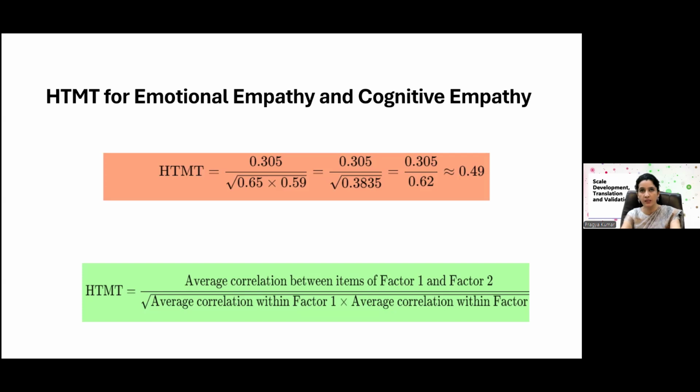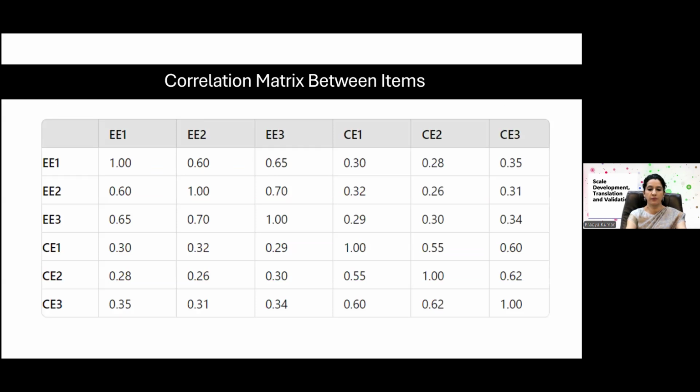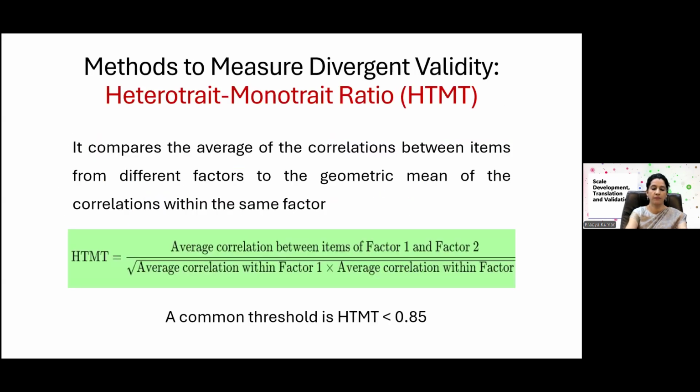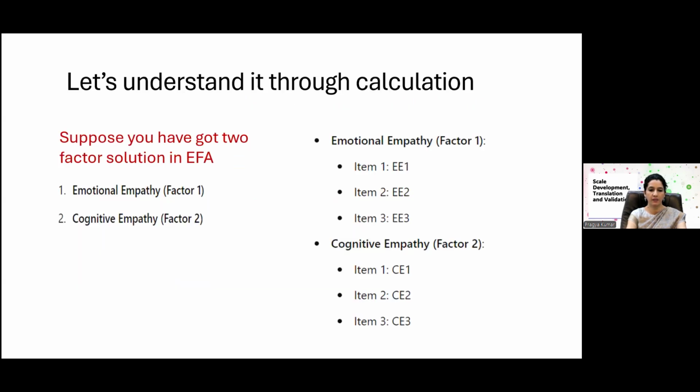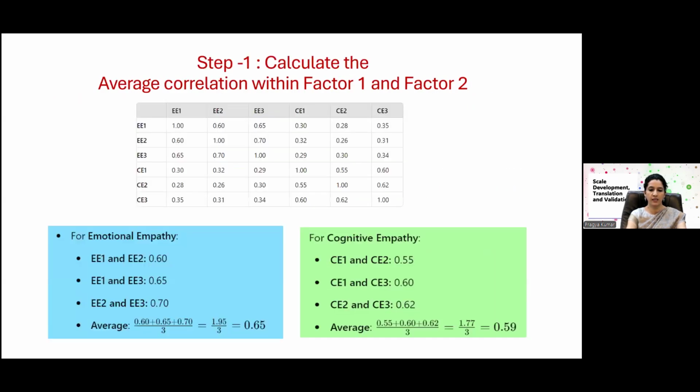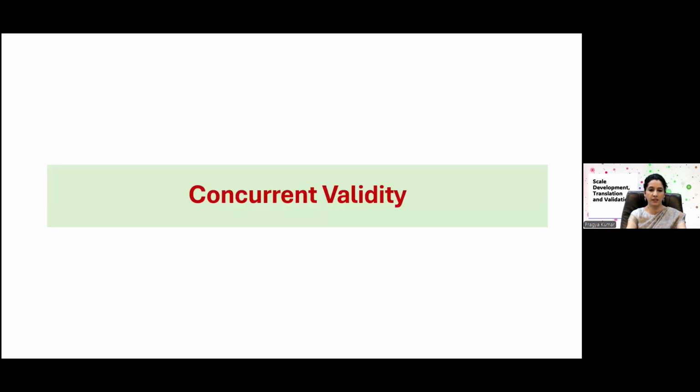If you see this, value of HTMT is 0.49. And what should be the value of HTMT? A common threshold is that it should be less than 0.85. So if it is less than 0.85, you can say that the divergent validity is met.